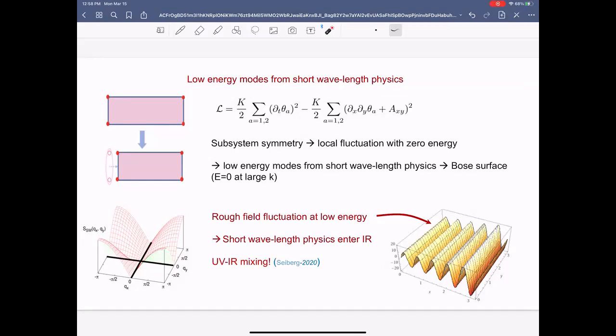Like in your first line, I think it's only fair to add all those higher derivative terms that preserve the subsystem symmetry. So for example, we can have dx squared dy theta quantity squared. That preserves the U1 subsystem symmetry, but its correction to certain modes of this model is still significant, despite the fact that it comes with higher derivative.